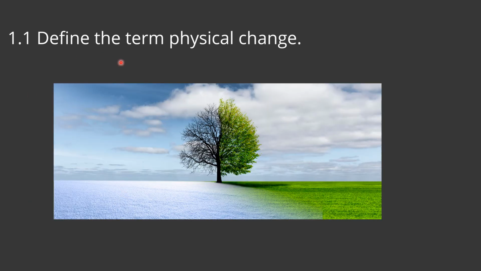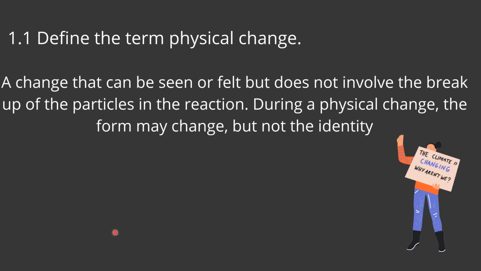The first question is very important for you to understand, to define terms. This is at the lowest cognitive level, level 1, which is just your ability to memorize. So you have to memorize this definition. The term physical change, you have to know how to define it, as well as chemical change. This will normally carry about 2 marks in your exam or test, so you have to know it by heart. We'll define physical change as a change that can be seen or felt but does not involve the breakup of the particles in the reaction.